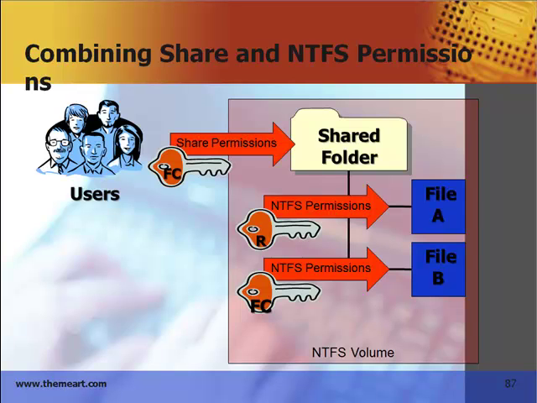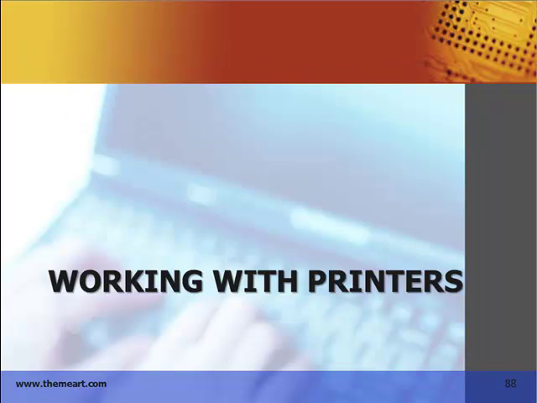The most restrictive permission then becomes the effective permission. But you can't go looking for the most restrictive until you've accumulated in each family of permissions. I would encourage you to go back and take a look at the PowerPoints from that particular module, and you'll see that covered in greater detail there.